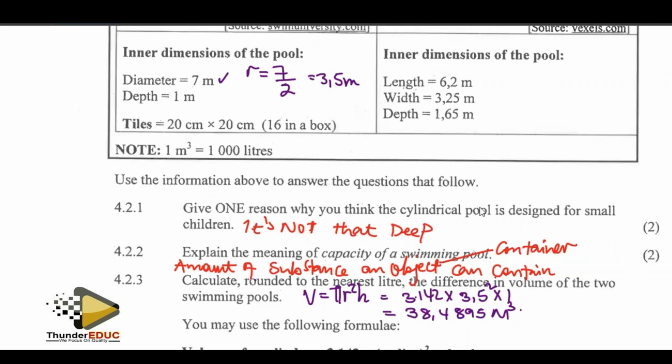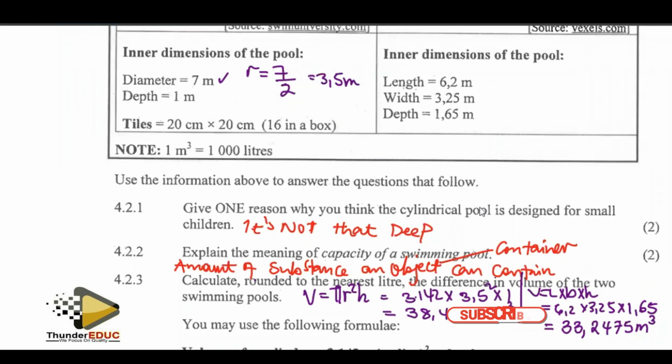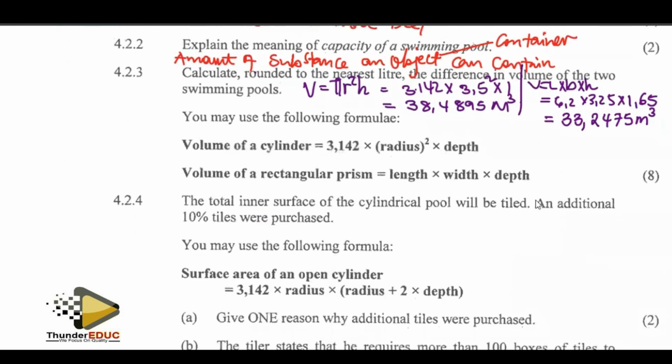So the other volume is L times B times H, which is 6,2 times 3,25 times 1,65. So here we have 33,245 meters cubed. Subtract the 2, we end up having 5,242 meters cubed.